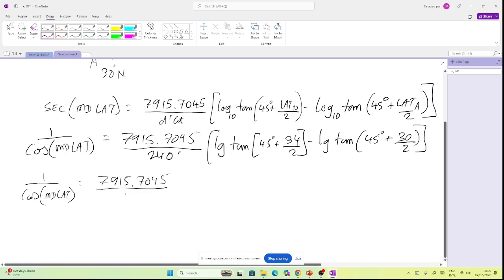You can also do the calculation with me and find out what the middle latitude is until I do this one.